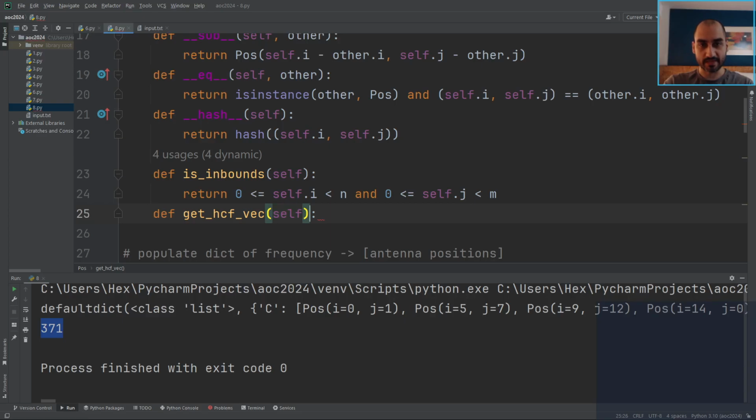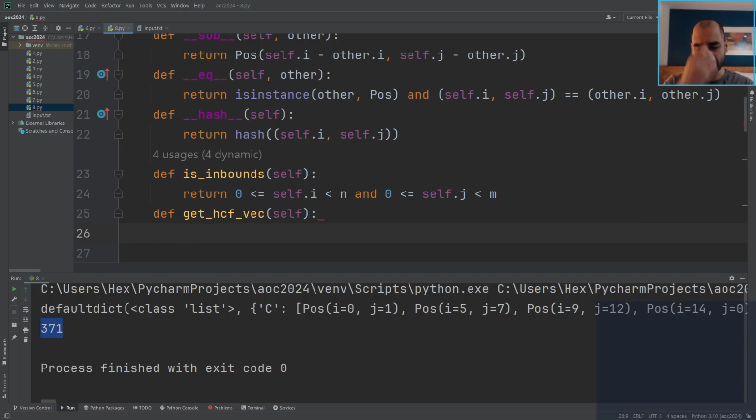There's probably a proper mathematical term for this. So we want the highest common factor of i and j. Divide that out. I don't think we call it GCD normally, don't we? Greatest common divisor, and that is a method somewhere in Python.